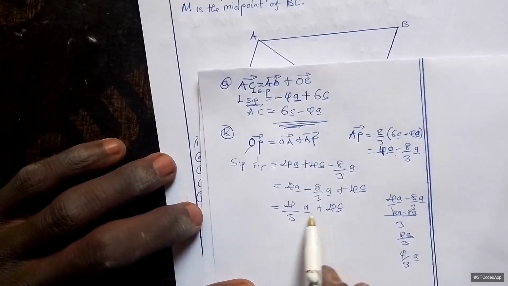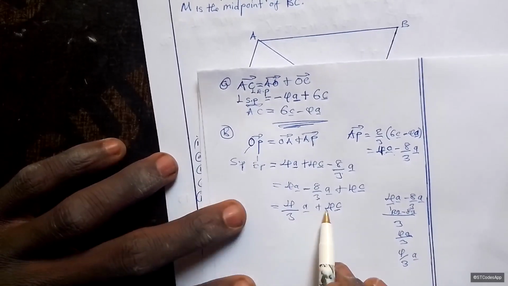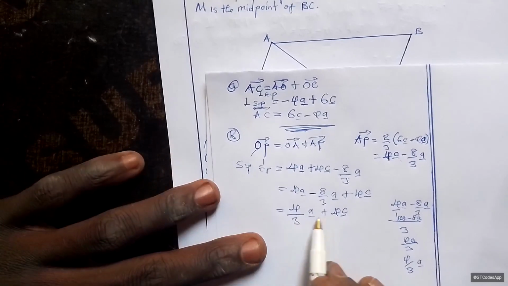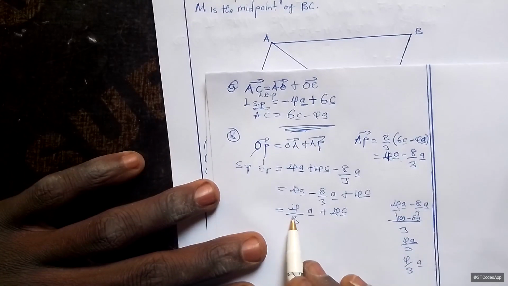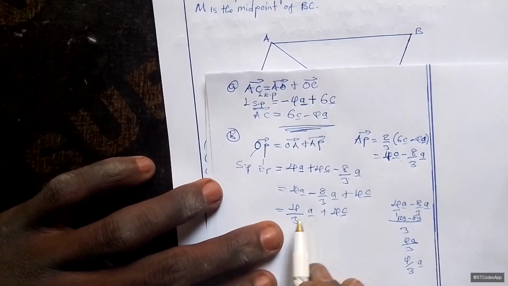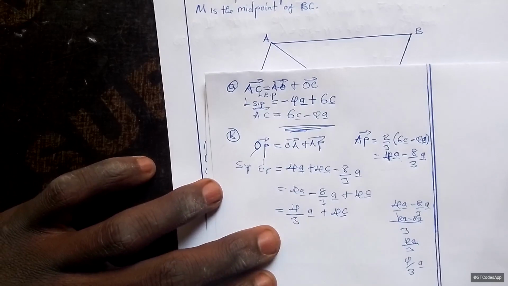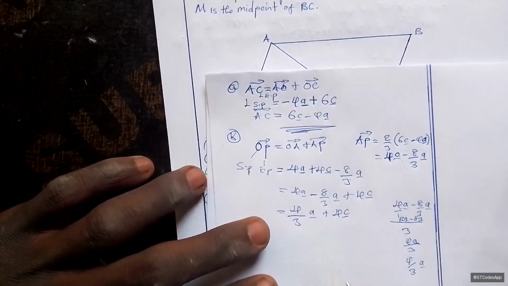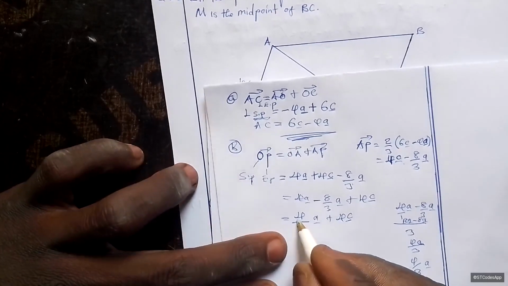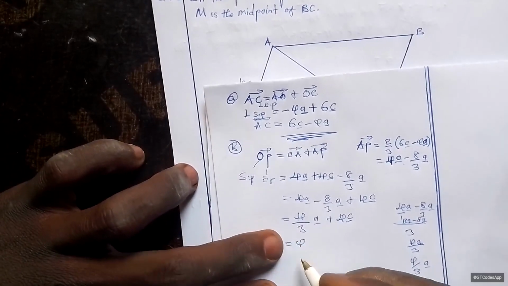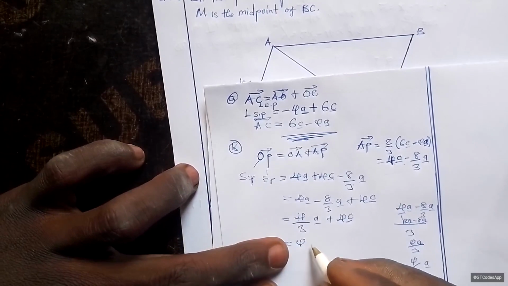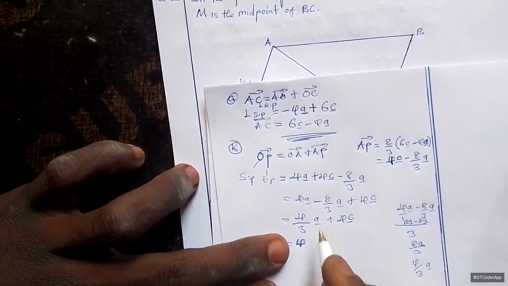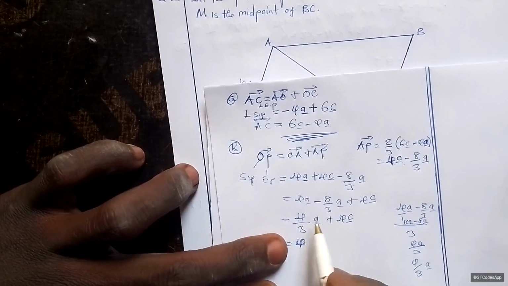Now, as you can see here, the number which is common is 4. Apart from 4, we can say 3. So I can say 4 is common. I'm going to factorize 4, factor 4 out, because I know that 4 is common here.